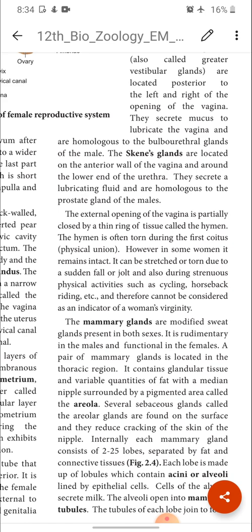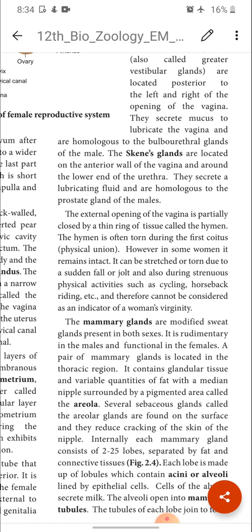However, in some women it remains intact. It can be stretched or torn due to a sudden fall or jolt, and also during strenuous physical activities such as cycling, horseback riding, etc., and therefore cannot be considered as an indicator of a woman's virginity.